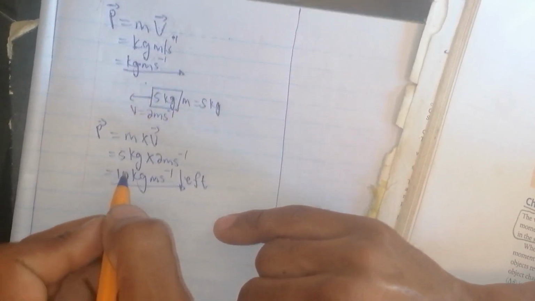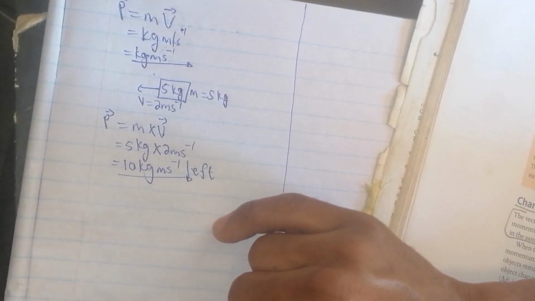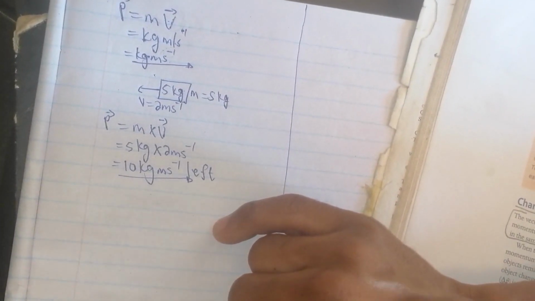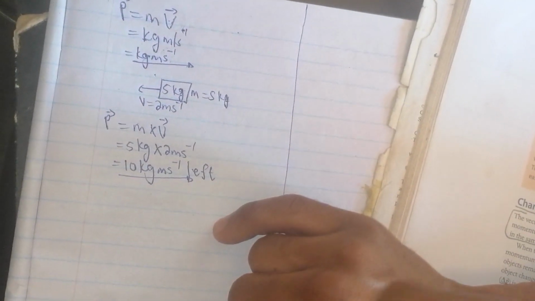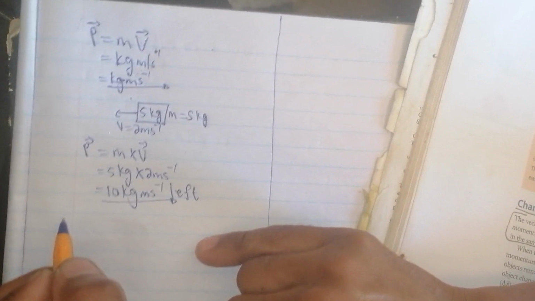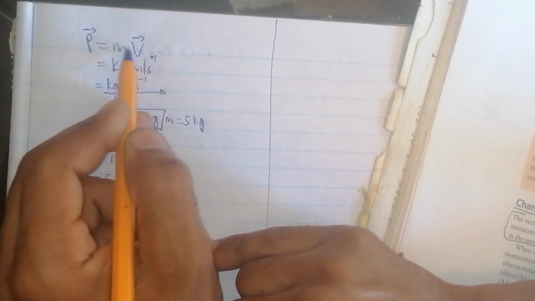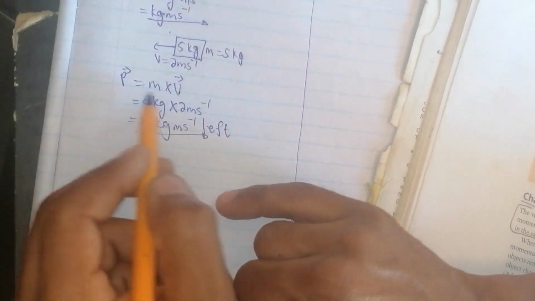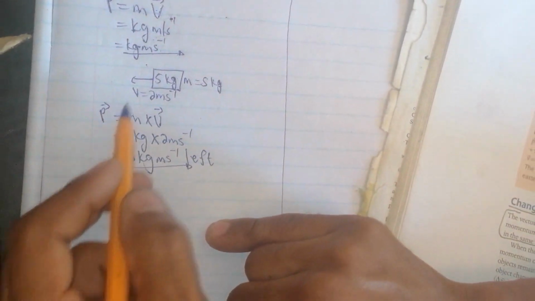So this object has this momentum, which is the product of mass and velocity, and it is directly proportional to mass and velocity. So this would be the momentum of this object.